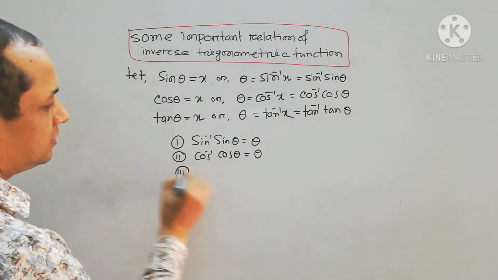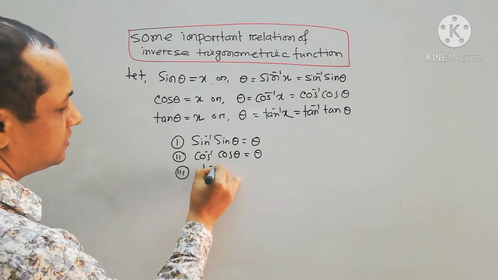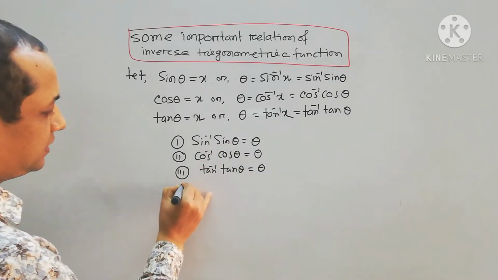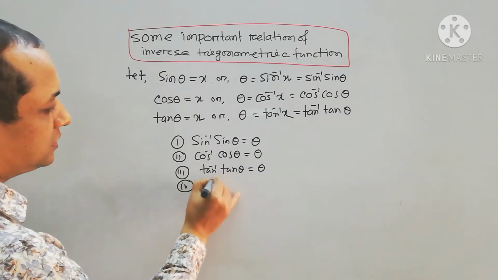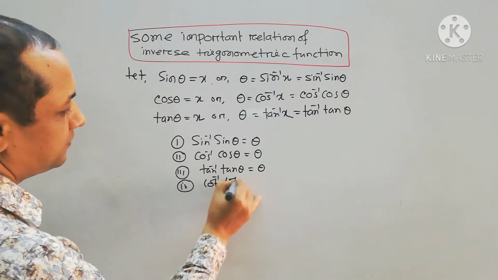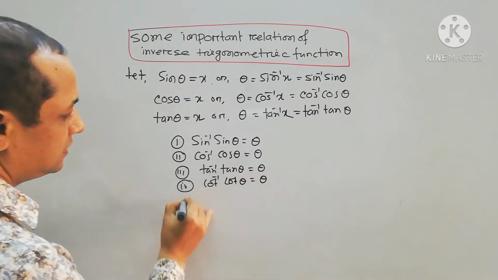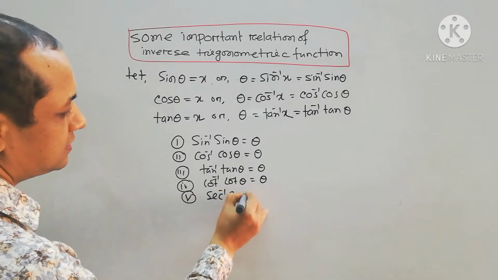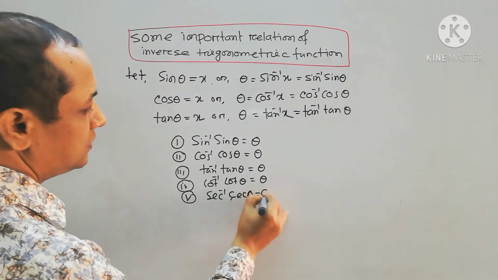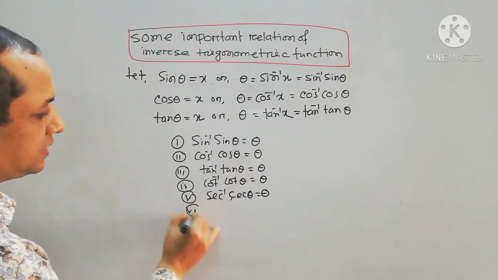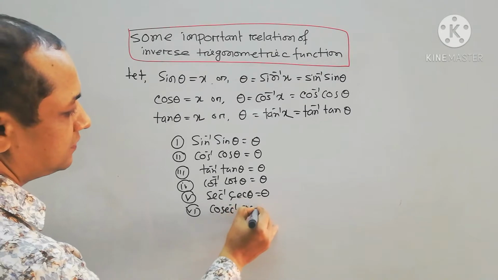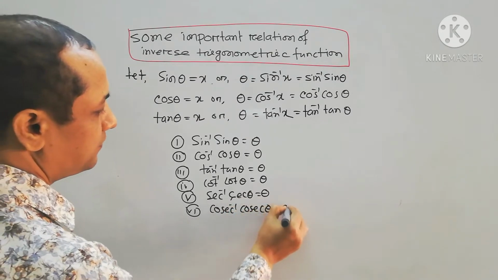Number 3, tan inverse tan theta equals theta. Number 4, cot inverse cot theta equals theta. Number 5, sec inverse sec theta equals theta. And number 6, cosec inverse cosec theta equals theta.